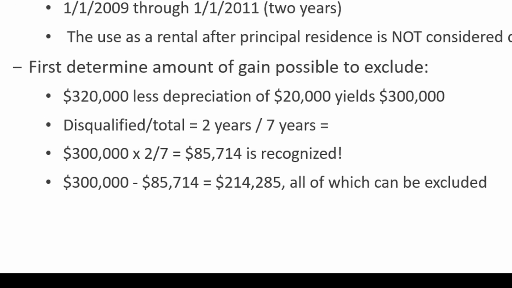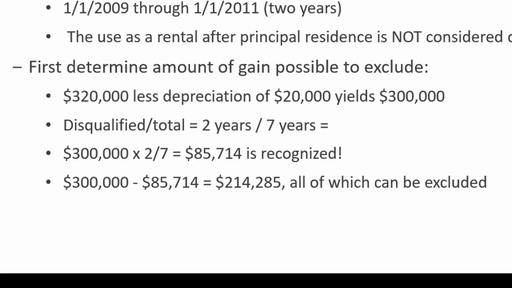Okay, so the first thing we would do is determine the amount of gain that it's possible to exclude. So the $320,000 gain is the total amount. He cannot exclude $20,000 because that's related to depreciation. So now he's down to $300,000. The disqualified portion of that is the 2 years of disqualified use over the 7 years of total ownership.